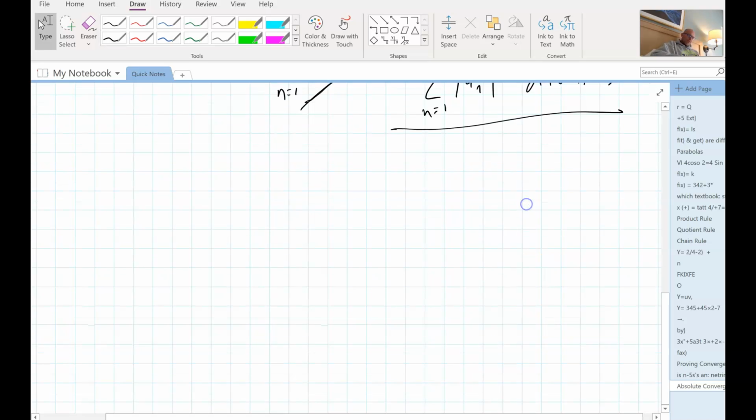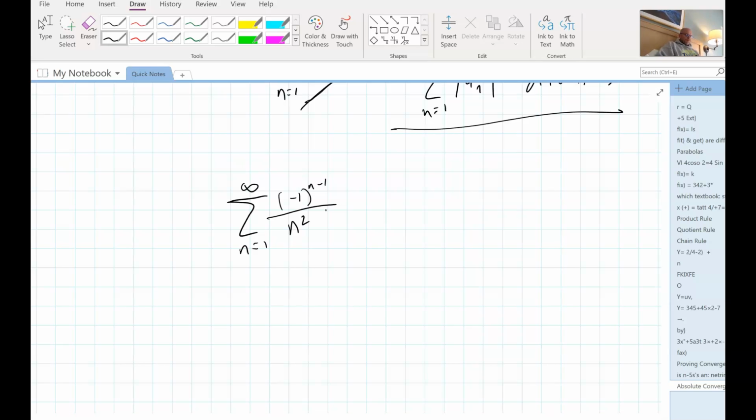So let's look at an example here. Here's the sum, n running from 1 to infinity, of negative 1 to the n minus 1 over n squared. Again, that's not a p-series because of the negative 1, it alternates between negative and positive, so it's not 1 over n to the p.